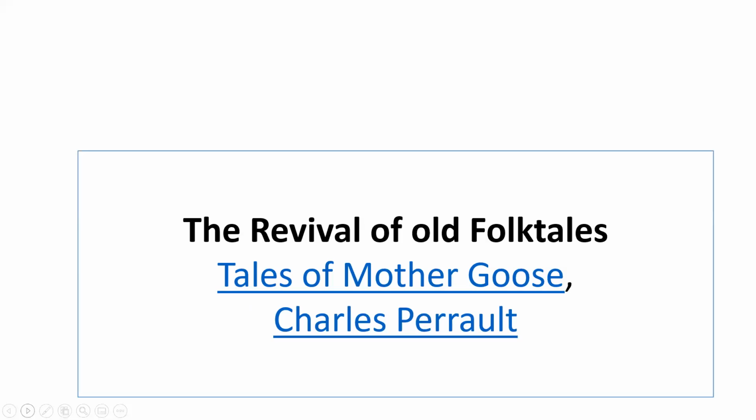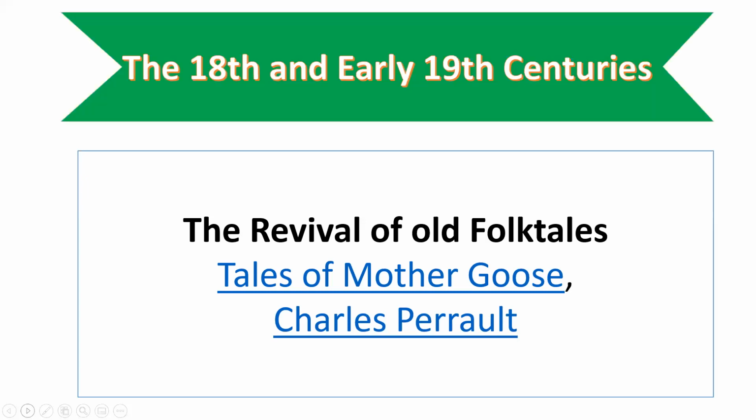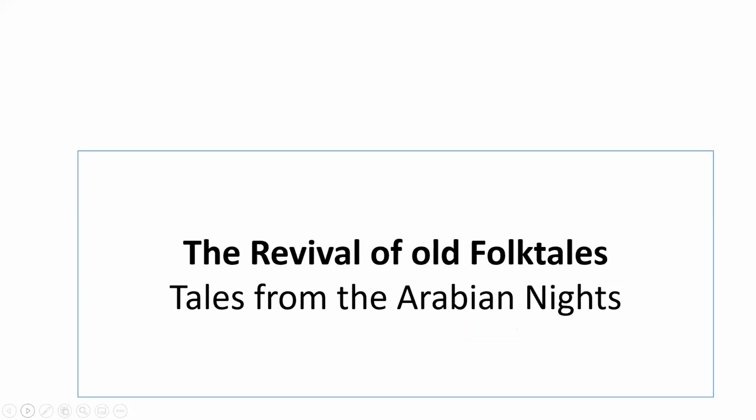And then during this literary period, ito rin yung tinatawag nilang revival of the classical period. They revive nila yung stories from the classical period that they think are appropriate to them.